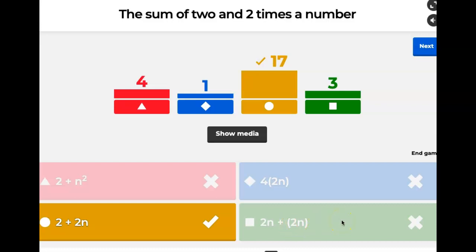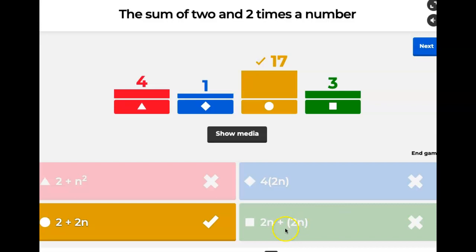Can someone argue with me for the green one? Because I might reconsider if you could explain it to me well. Go ahead, Tiffany. The question basically says the sum of 2, and then the first number is 2 and 2 times n. So, what would be your answer for that one? That would be a different answer because it's 2 times n plus 2.